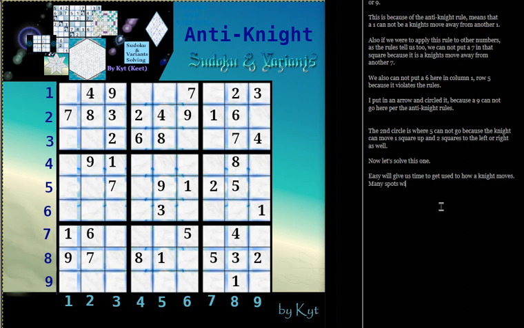Many spots will be banned outright just because another version of that same number will already be in that column.